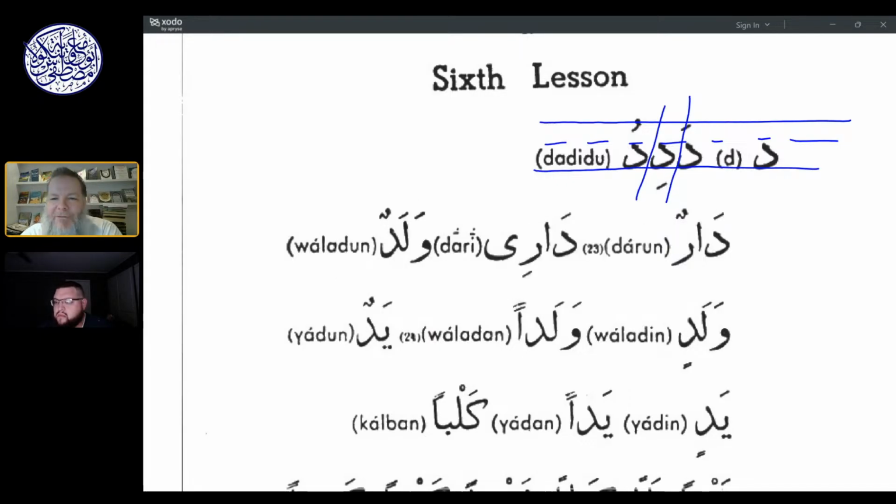We're also going to have a letter similar to it, which comes right after it as we go through the alphabet in alphabetical order. Then it's the dhal. It's the same letter, but with a dot on top. This is a dal, making the d sound. And when we put the dot on the top, it's a dhal, making the dh sound.